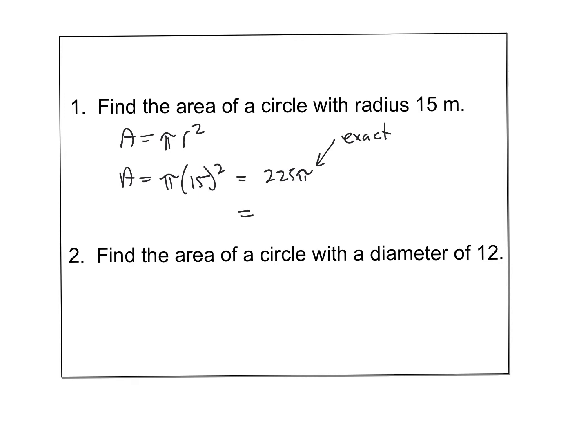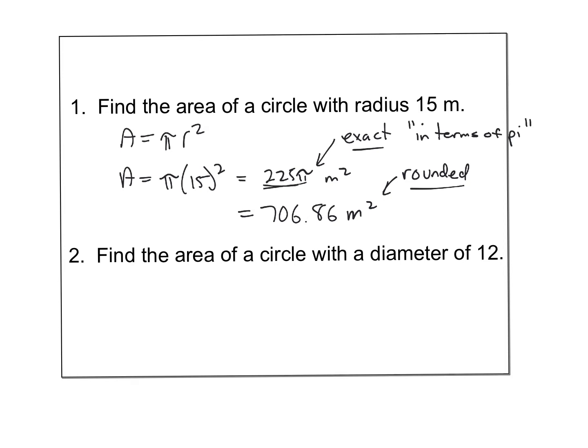Then when I actually multiply it, 225 times pi, and get my big, long decimal, that is considered rounded. So if they ask for exact, if they say in terms of pi, they mean this. Otherwise, you're going to want that.